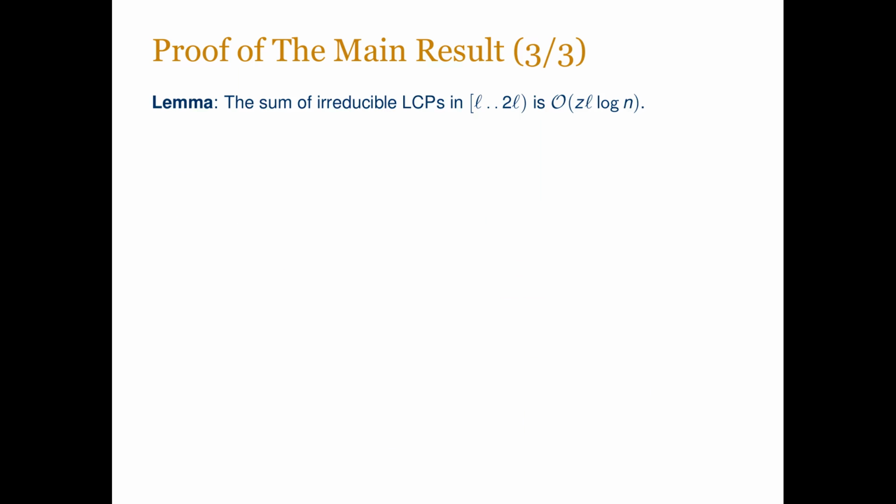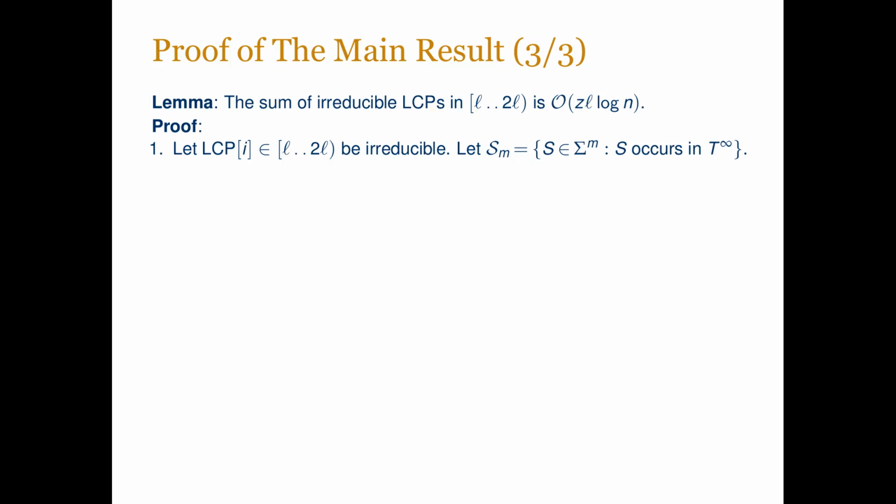We now move to the proof of the main lemma. Let us take some LCP of i with a value inside the interval L to 2L and assume that this LCP is irreducible. Denote the set of all substrings of text of length m as S_m.